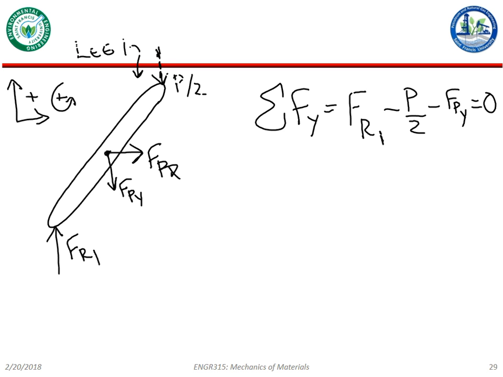So next step. Do you guys have a question? Okay, cool. So what's next in this process then? If we can't solve that by itself, what's our second equation? Okay, we can do that. What's the sum of the forces in the X? Any other ones?